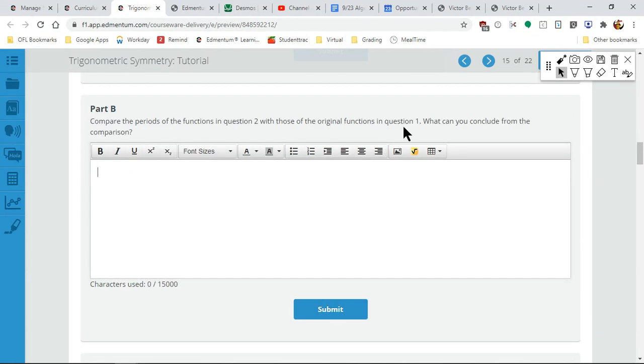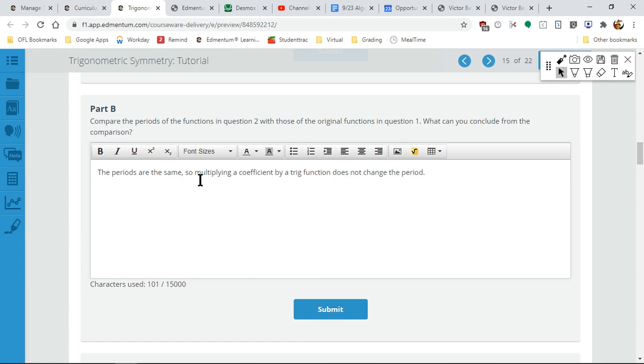So in question 2, compare the periods. What can you conclude? So the periods are the same. Same. So multiplying a coefficient, because remember, numbers in front are called coefficients, a coefficient by a trig function does not change the period.